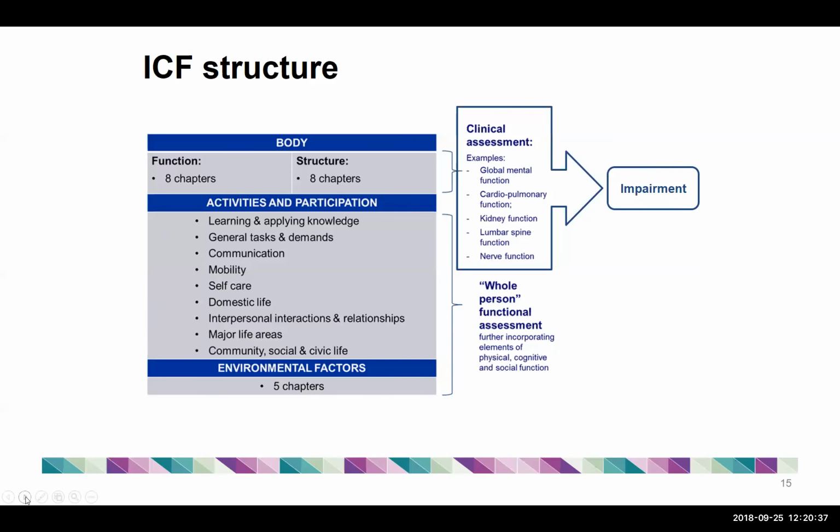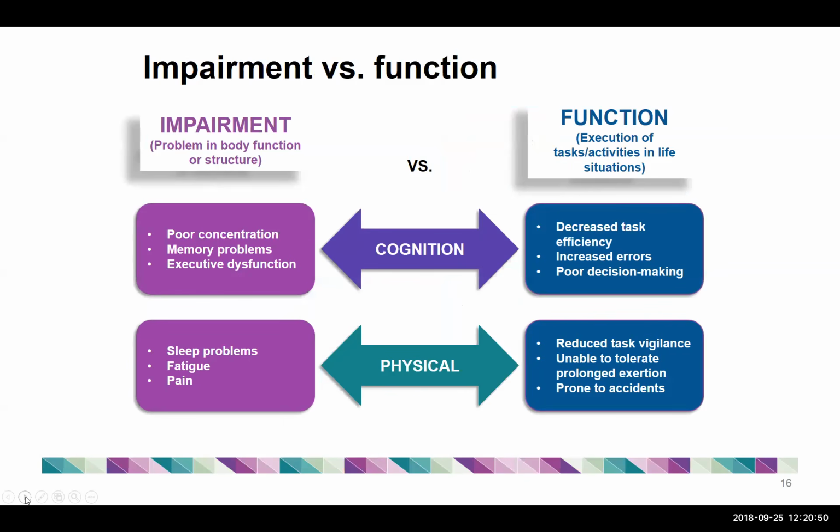So for the activities and participation, these 9 chapters that you see here, we've embedded questions within the forms that touch on these. Flipping to the next slide. The next 2 slides are highlighting, again, the difference between what we mean by impairment versus function. Impairment is a problem in body function or structure.